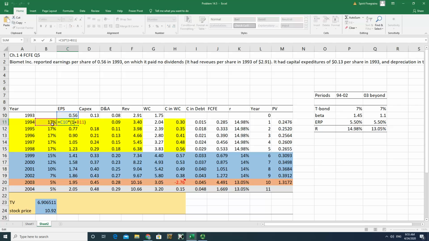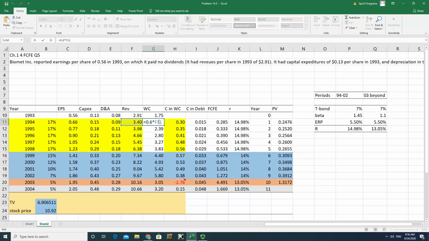EPS will grow at 17%. The same for capital expenditure, depreciation, amortization, and what about the revenue? Revenue is the same, a 17% growth rate. And then you can estimate all those numbers in those yellow cells.